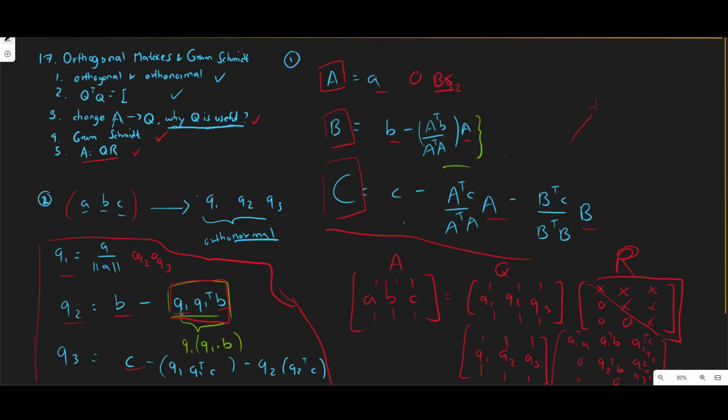That's the reason why B looks like this. B has those two components, while C has three components: the C component that lives in Q1, the C component that lives in Q2, and the one in Q3.